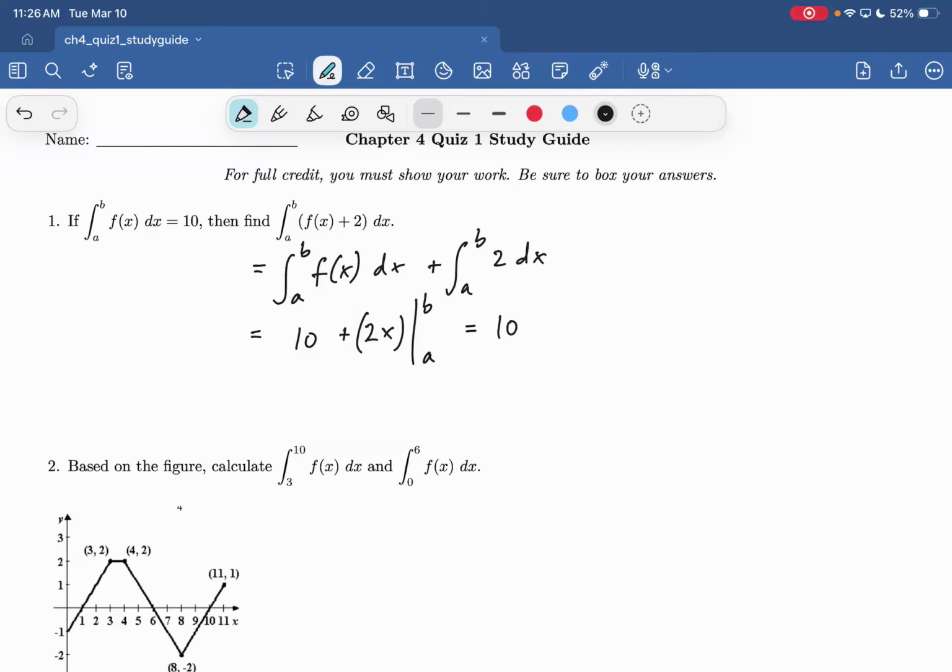We first plug in b, which is the upper limit of integration, and then subtract the lower limit of integration, plugging that in, which is 2a. And so the answer is going to be 10 plus 2b minus 2a.